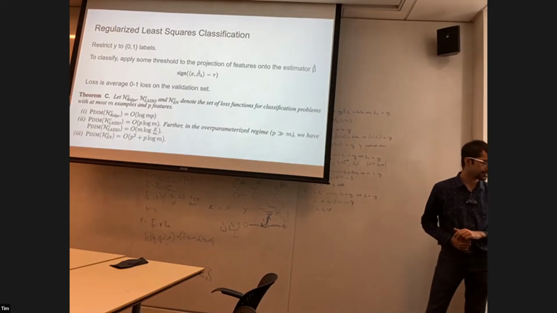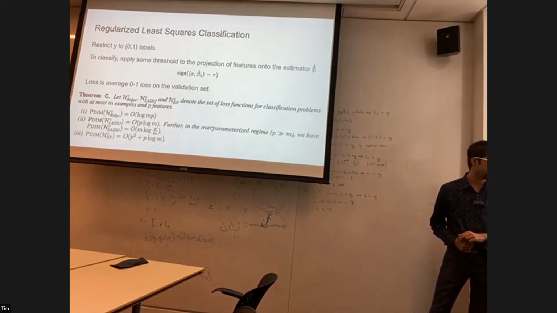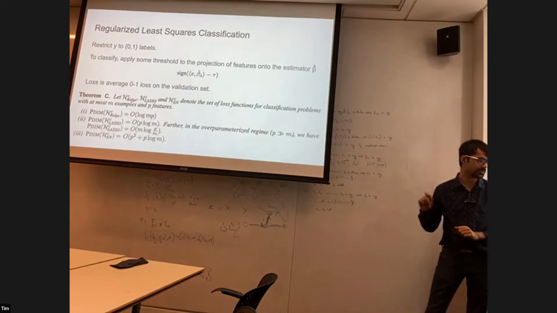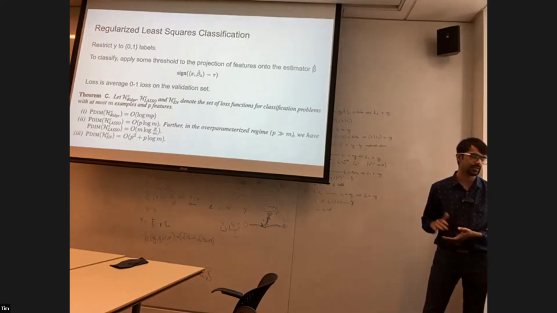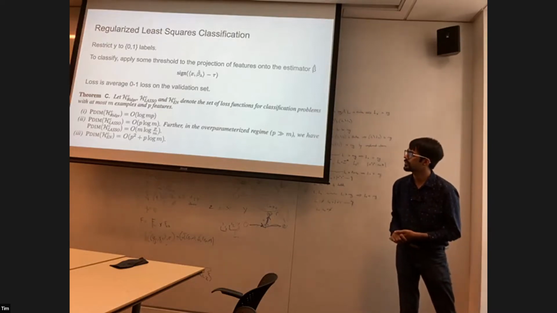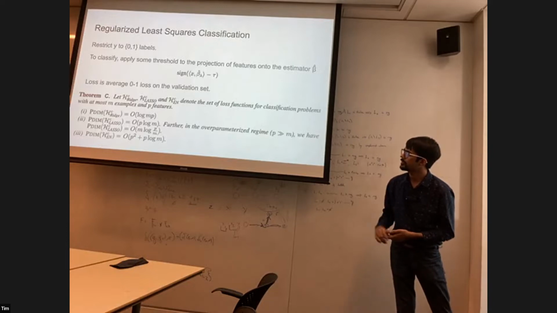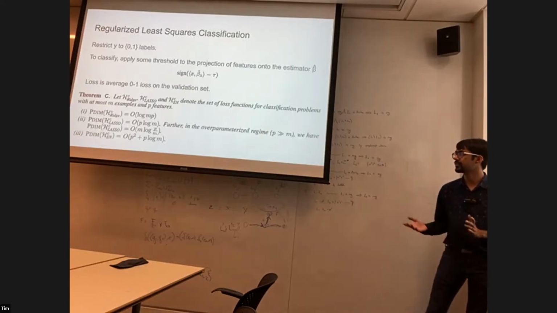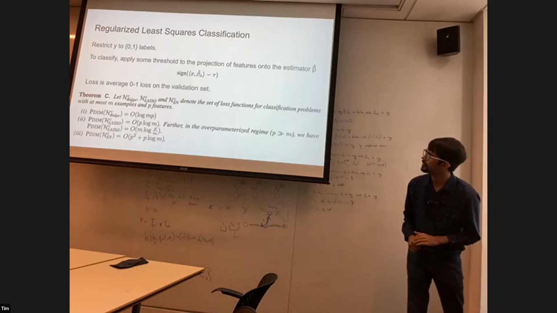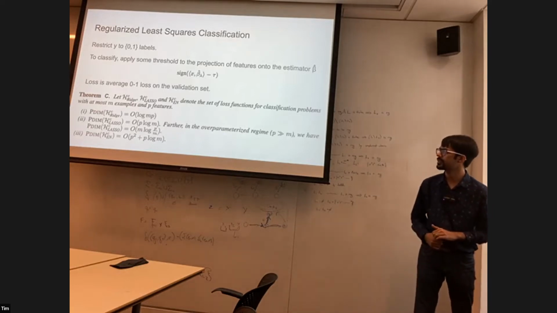So a few comments here. We have at most m examples in each of our problem instances, and at most p features. We show that for L2 regression, there is this nice logarithmic bound on the pseudo dimension, which implies a logarithmic bound in sample complexity.